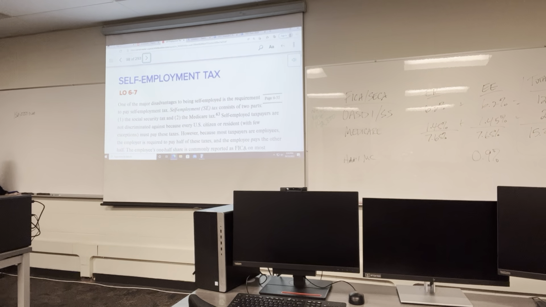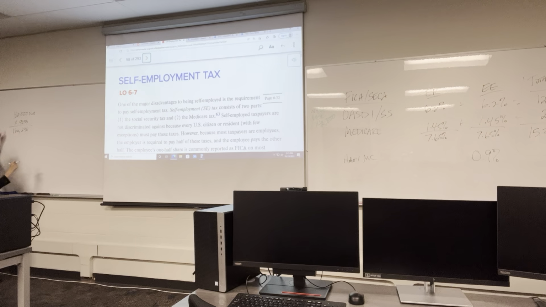First thing we have to do, before we calculate Social Security and Medicare tax, we multiply it by 0.9235. What's 180,000 times 0.9235? 166,230. Okay, so that's the first thing we do.